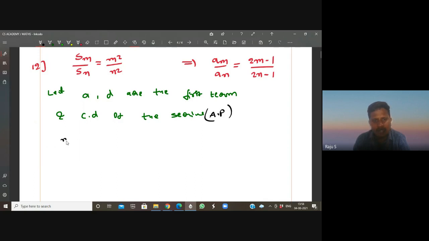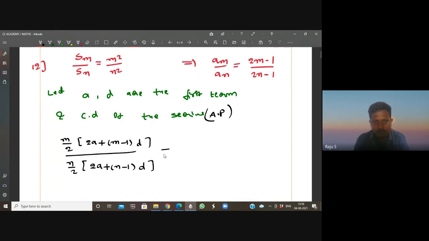What is Sm? m by 2 of 2a plus m minus 1 into d, divided by n by 2 of 2a plus n minus 1 into d, is equal to m square by n square.